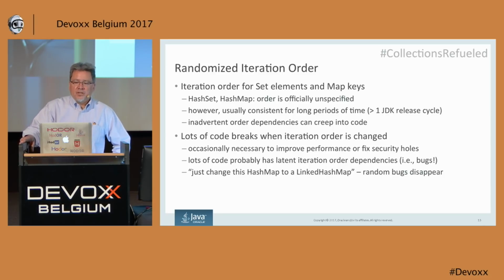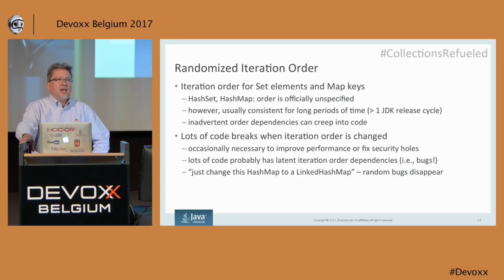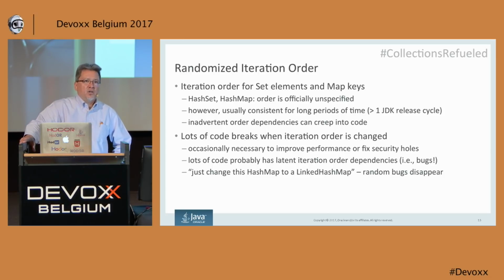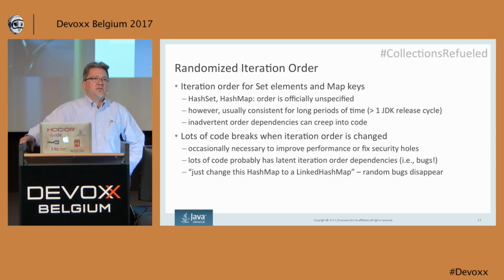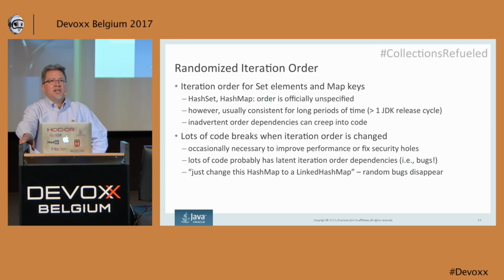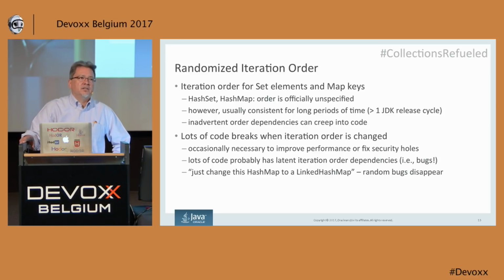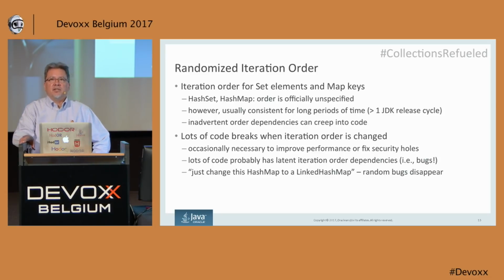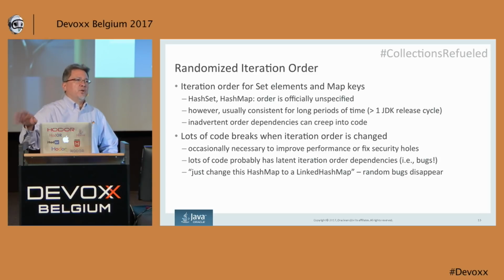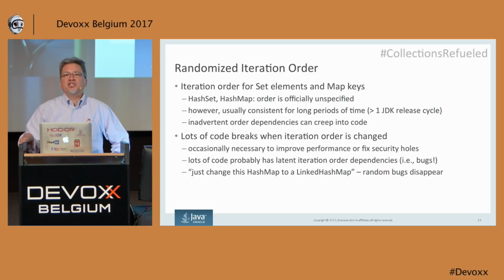But there's this problem, which is that it turns out that the hash code for most data is very stable. The hash code for string, which is a very common thing to put in sets or use as map keys, is actually pretty poor and doesn't really spread values around very effectively, which is what you want from a hash code.